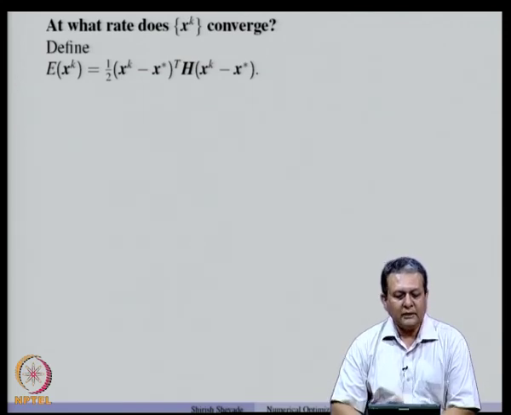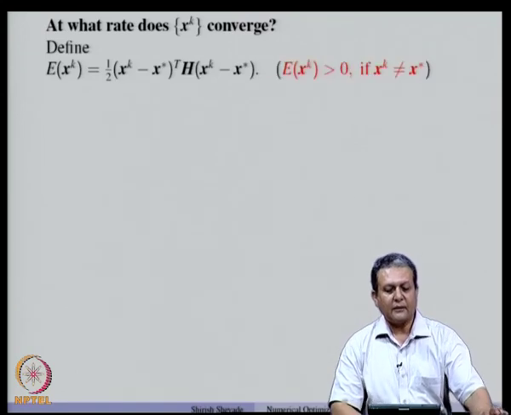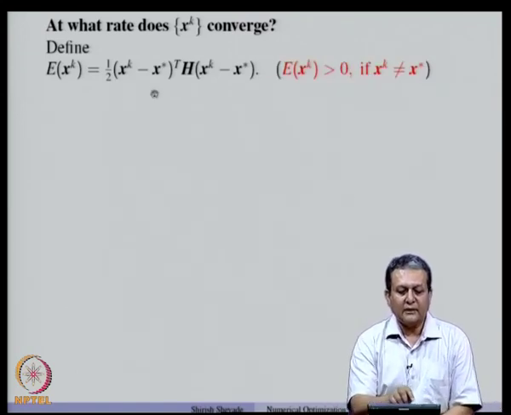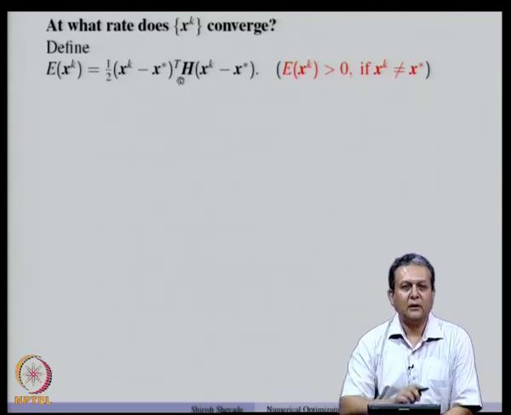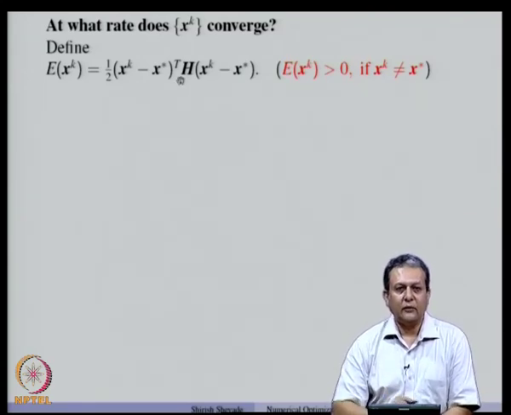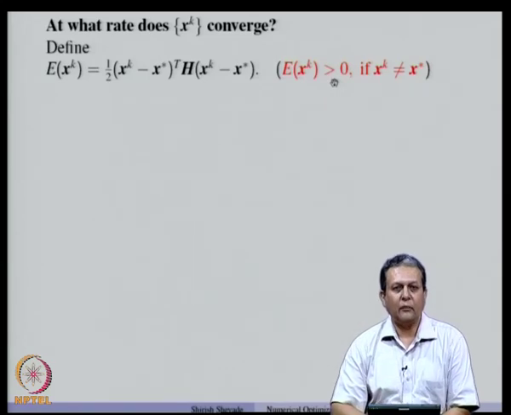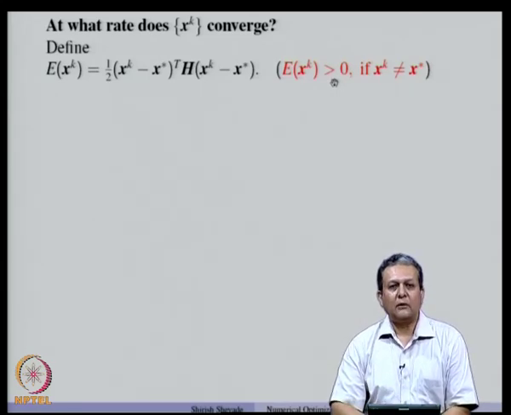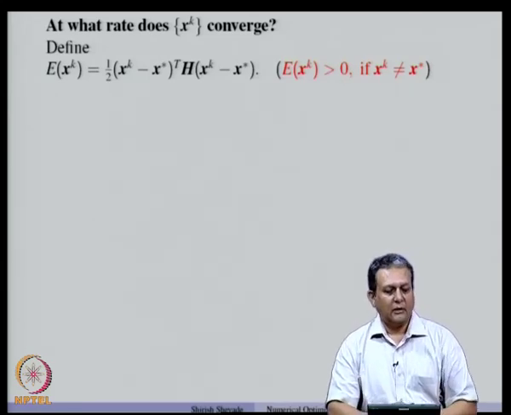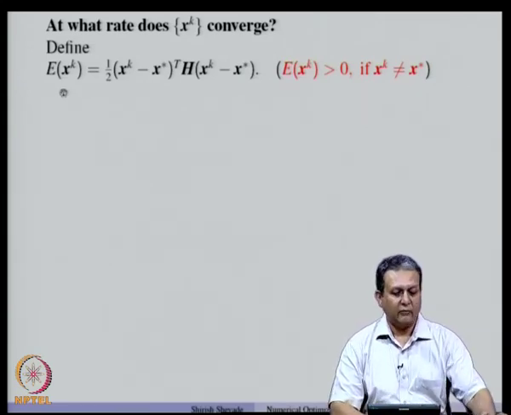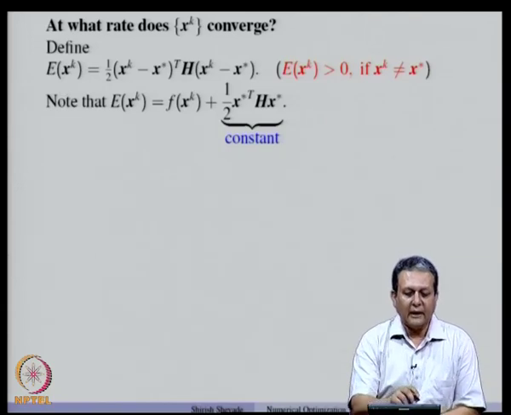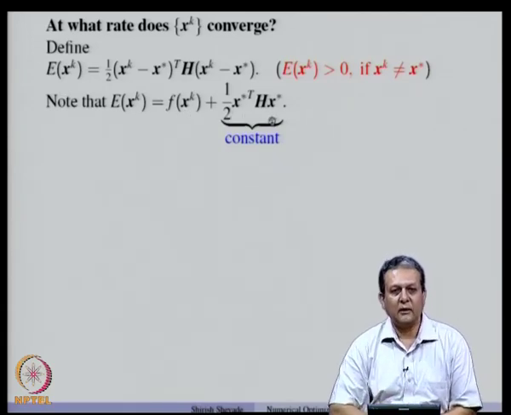You will see that this function is greater than 0 if xk is not equal to x star, because H is a positive definite matrix. So, e of xk is always greater than 0. That is one important point about this function e. We can also call it an error function, because we can write e of xk as f of xk plus some constant.